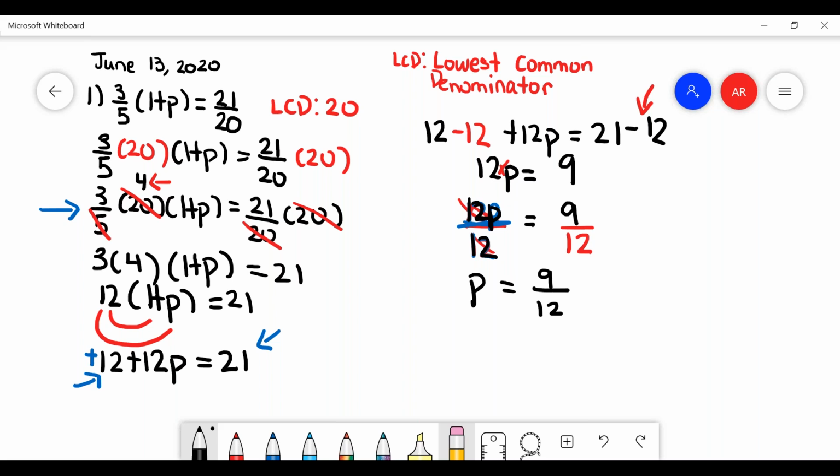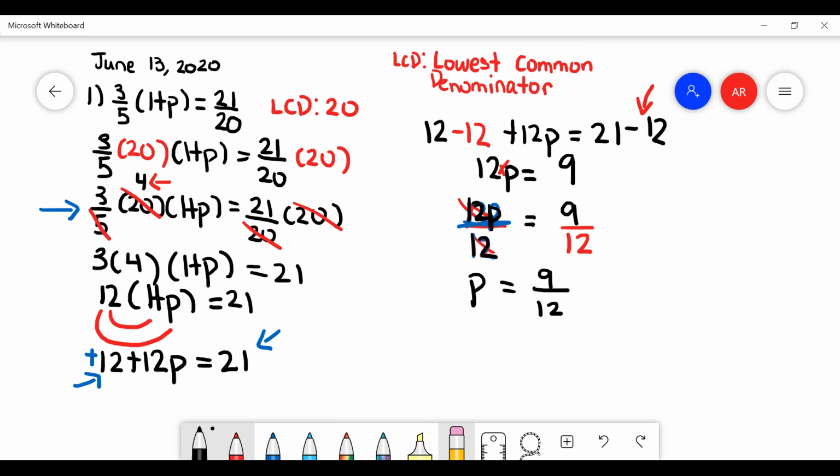It is isolated, however, it is not the final solution, as 9 over 12 is not a reduced fraction. It is not in the simplest terms. So we must reduce this fraction. We need to think of the common divisor of both the numerator and denominator, which is 3 here in this case.